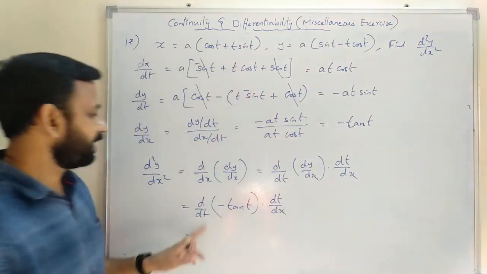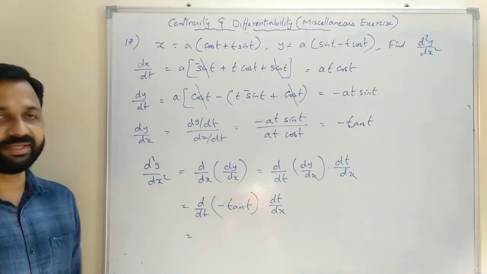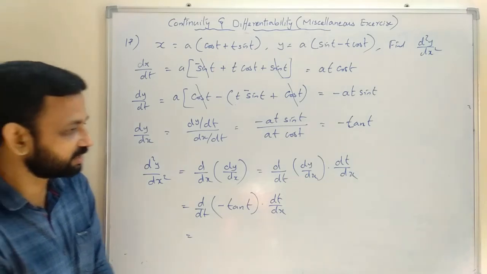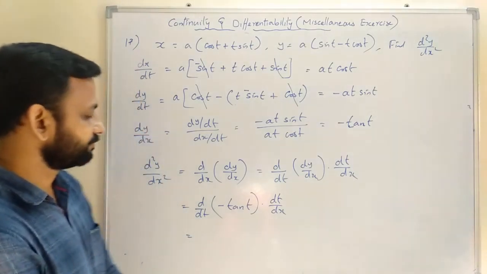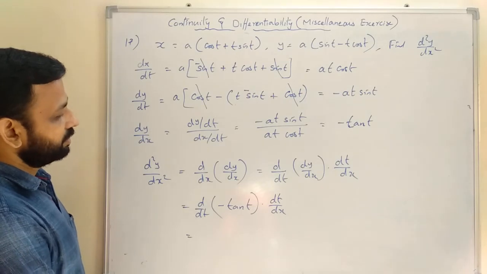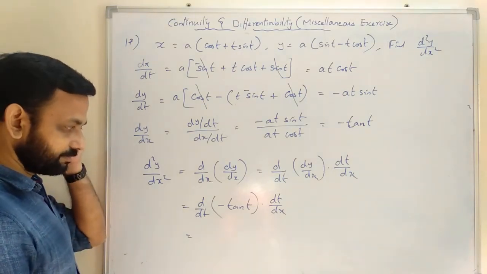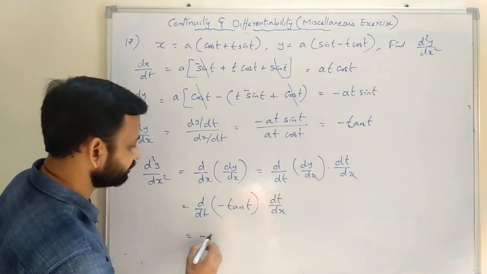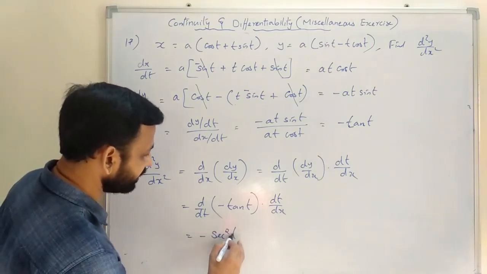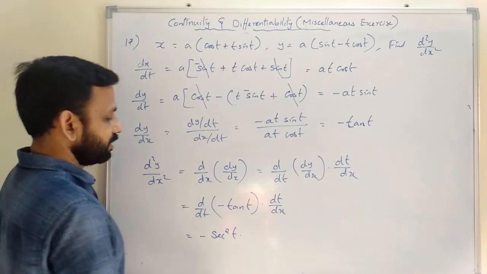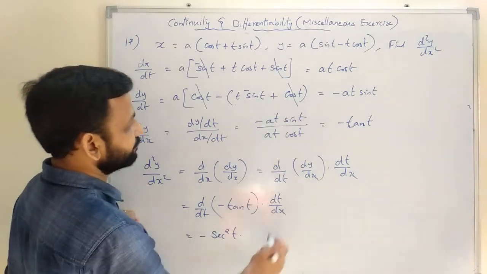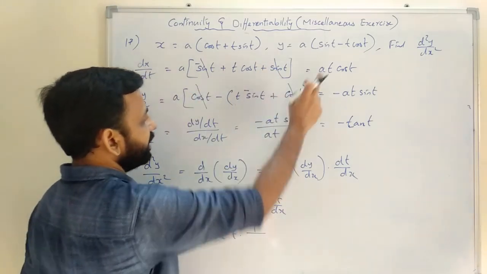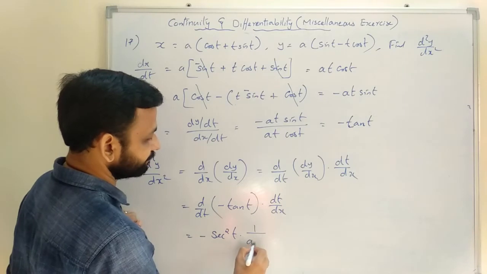So that is d/dt of minus tan t. The derivative of tan x is sec² x. So minus sec² t into dt/dx, that is 1 upon dx/dt, so dt/dx is 1 upon 8t cos t.